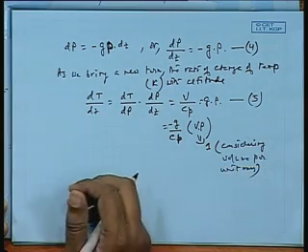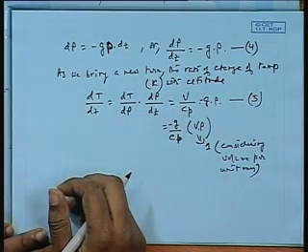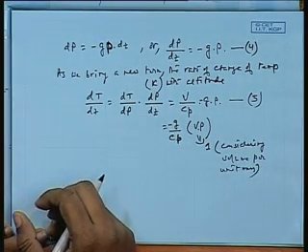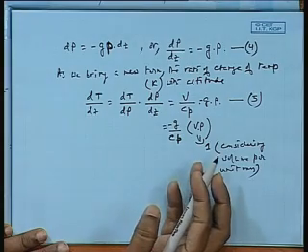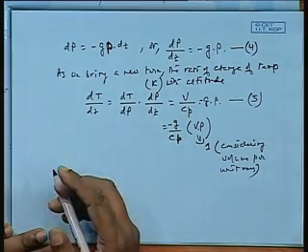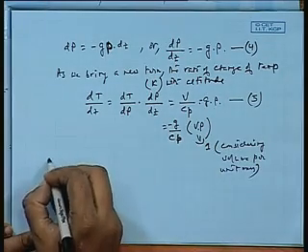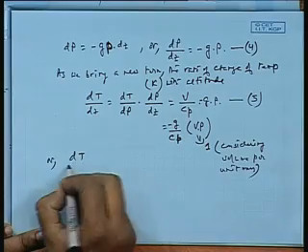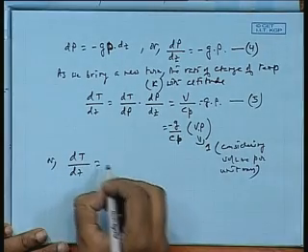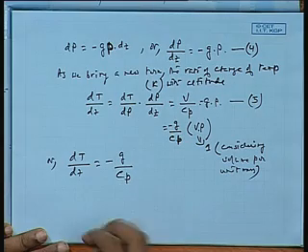So V is volume per unit mass, and rho is mass per unit volume. So each cancels out and this becomes 1. So we can write dT by dz is equal to minus g divided by cp.